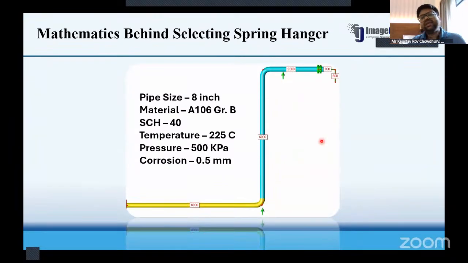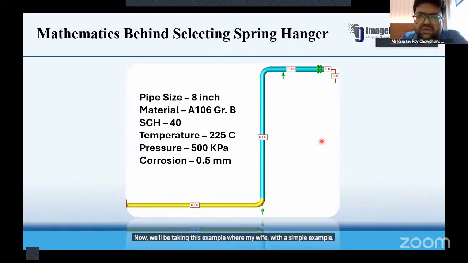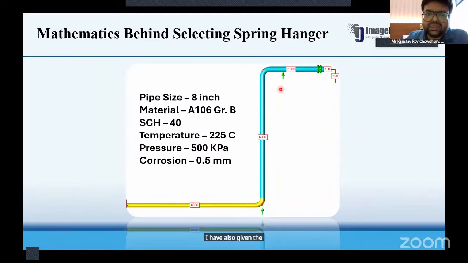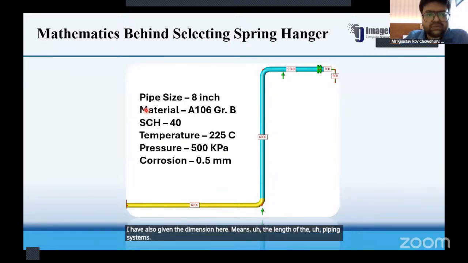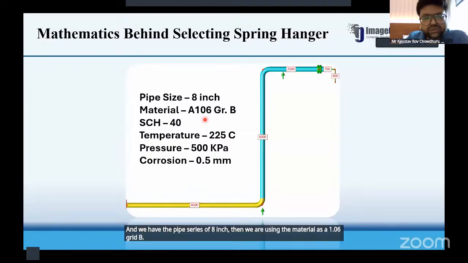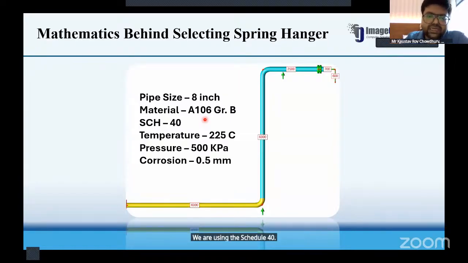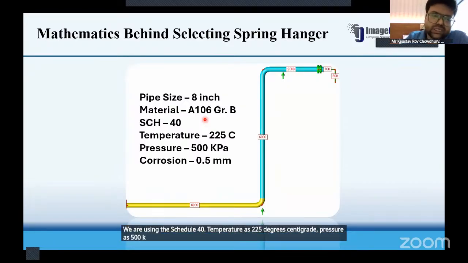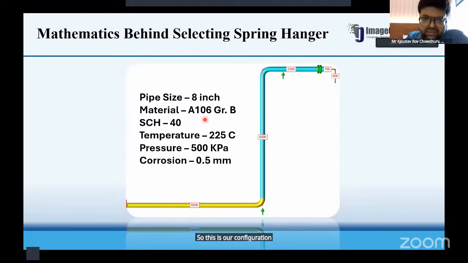Now we'll take this example, which is a simple one. I have also given the dimensions here, meaning the length of the piping system, and we have the pipe size of 8 inch. We are using the material A106 Grade B, schedule 40, temperature as 225 degrees centigrade, pressure as 500 kPa, and corrosion allowance of 0.5 mm. So this is our configuration for the system, and we also have the steel length given here.